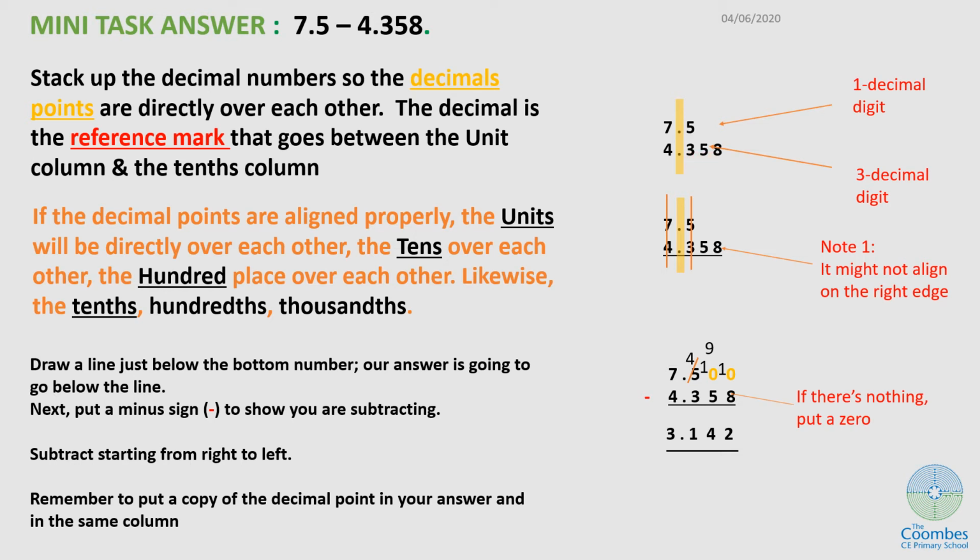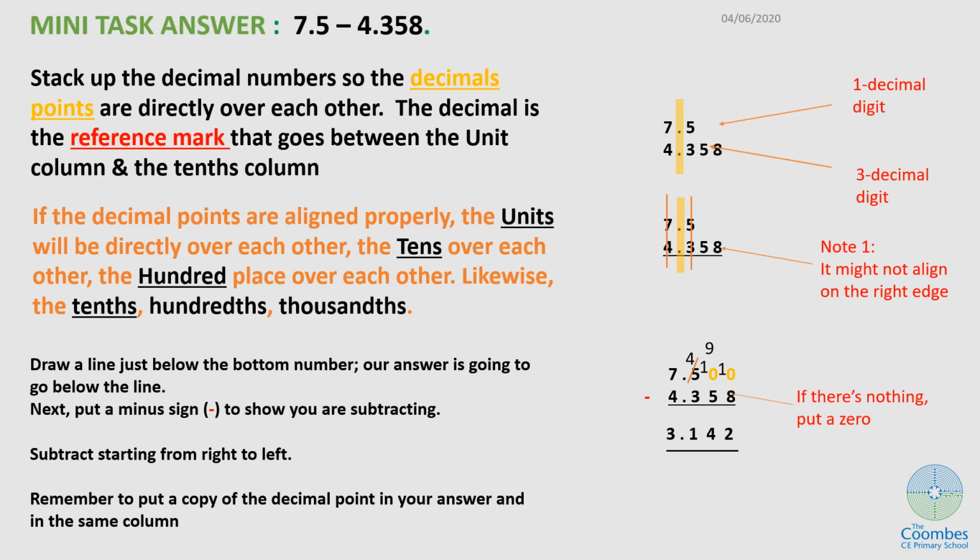Now you can see that when you do that, the units column are aligned, the decimal points are aligned, the tenths are aligned, the hundredths and the thousandths. Now I can see for this top number here, there is nothing in the hundredths and the thousandths, so I can represent nothing with 0, 0.